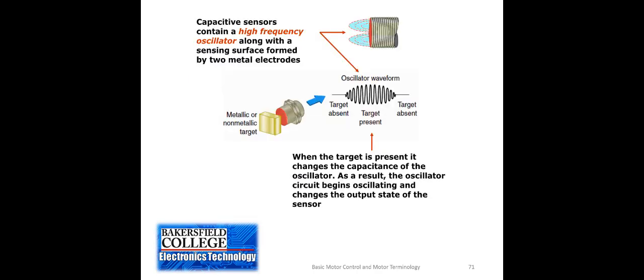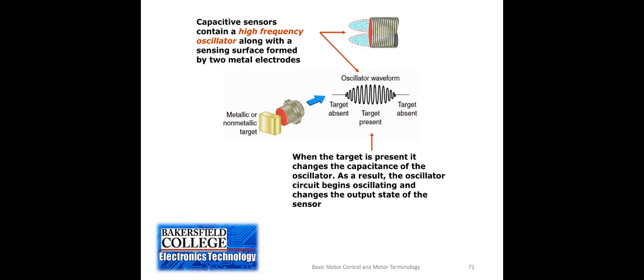The way a capacitive one works is the static electricity field that is focused on the end of the sensor interacts with the object that's in front of it. It's like what you learned about with capacitors in basic electronics.